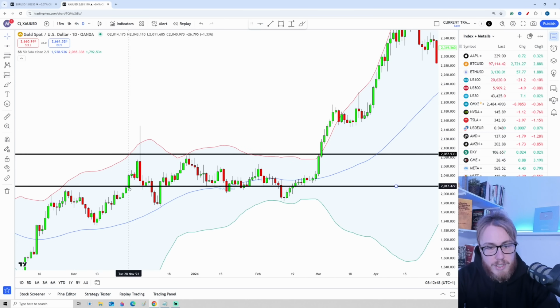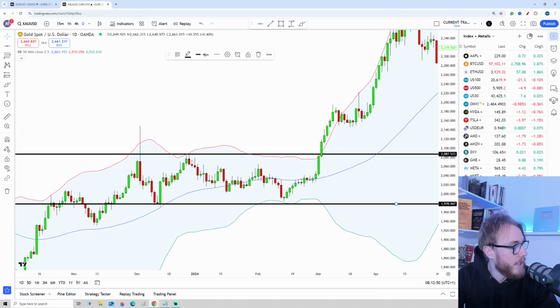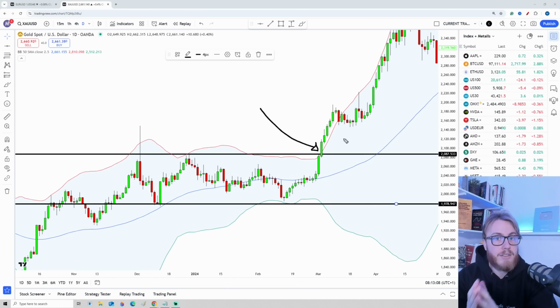We can show this trading range by drawing two horizontal lines, and as you can see, the price was consolidating here between a support level and a resistance. And with this candle right here, we actually break two things. We break above the Bollinger Band and we break the resistance.